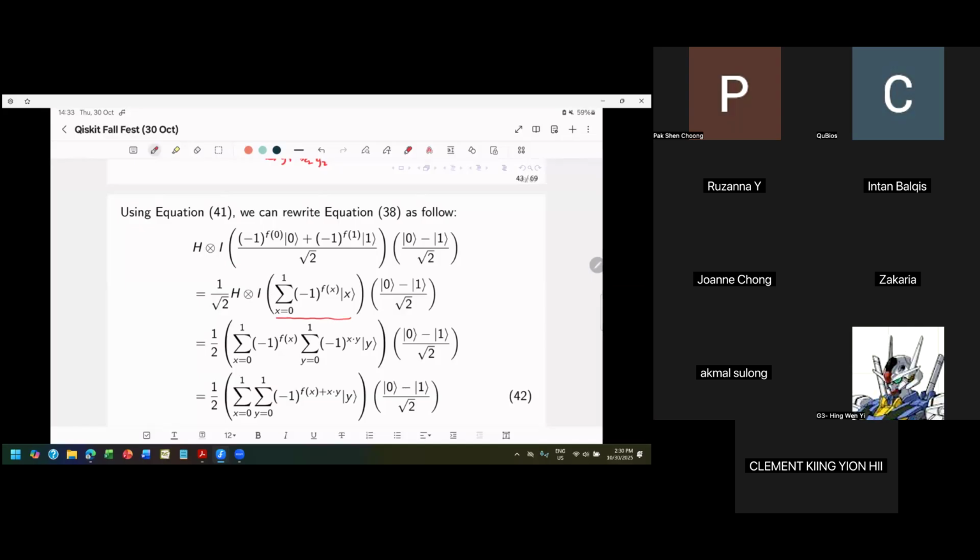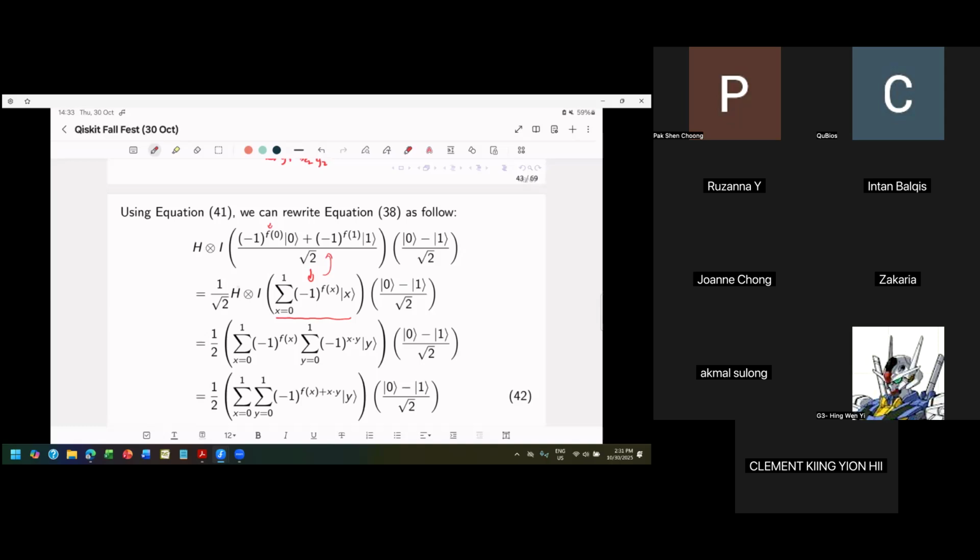If you cannot see through the summation, you can expand it. If x equals 0, then you have minus 1 to the f(0), and then the 0 state. When x equals 1, you have minus 1 to the f(1), and the 1 state. So this particular summation can be expanded into the one on top. Okay, so this is fine.